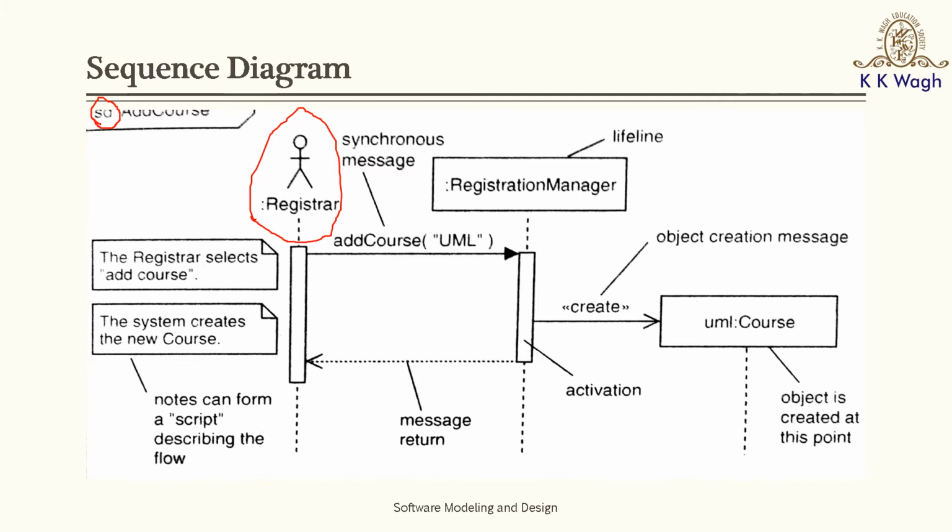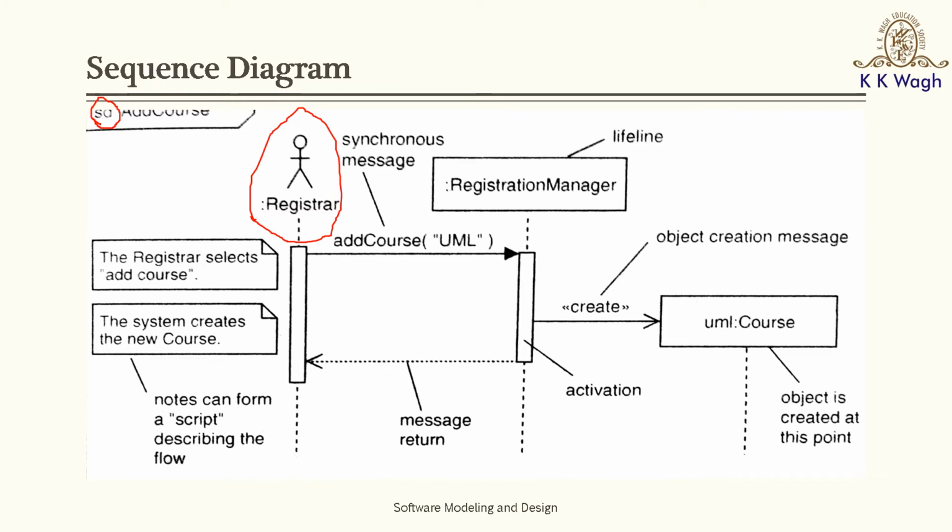See, activation means you can say it is a focus of control. You can place long thin rectangles on the dashed line below the lifeline to indicate when a particular lifeline has the focus of control.